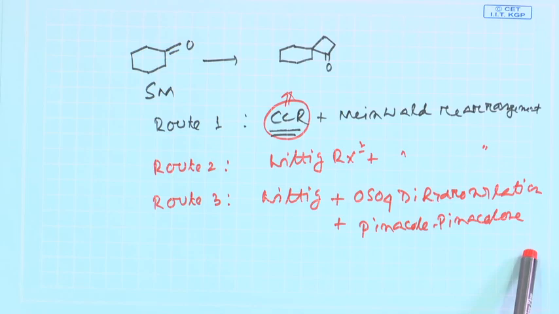The choice is yours, but you have to pen down many suitable or logically driven approaches, and out of that, depending on your resources, the steps, and the yields, you can choose the best possible pathway. That should be your main approach.